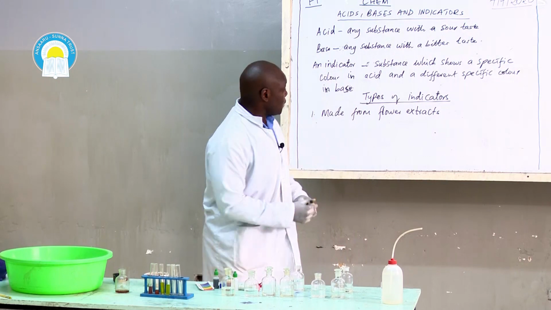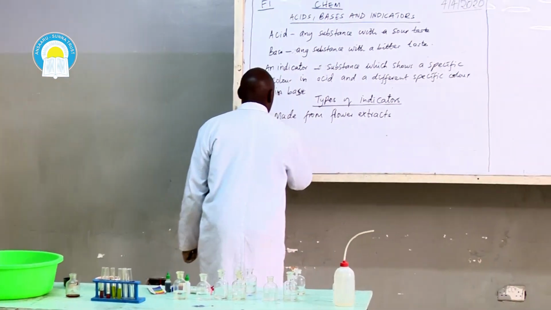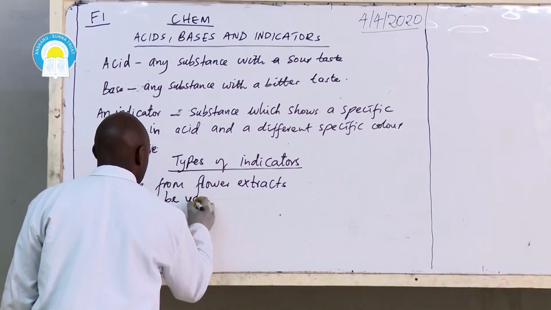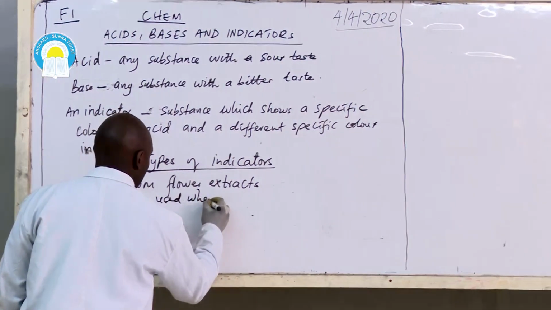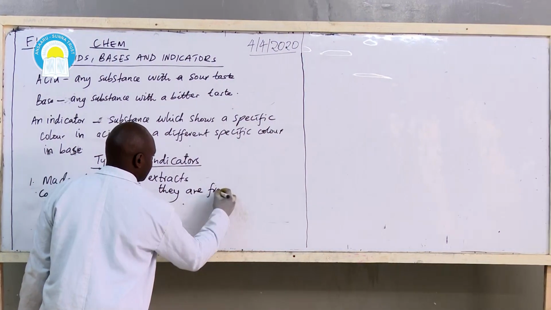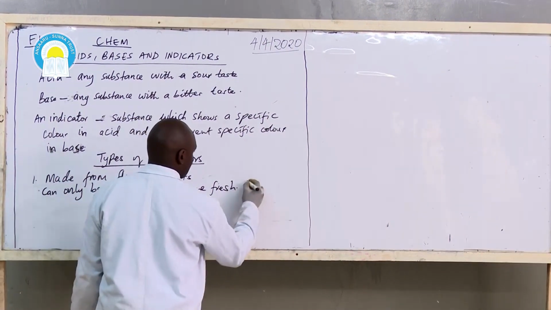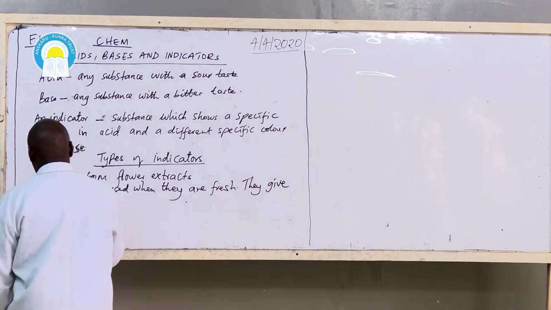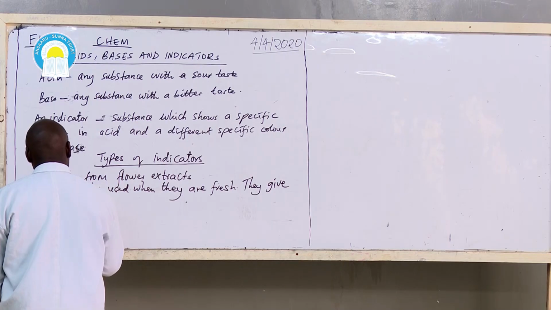So, we see that these indicators can only be used when they are fresh. It means they give inconsistent results with time.